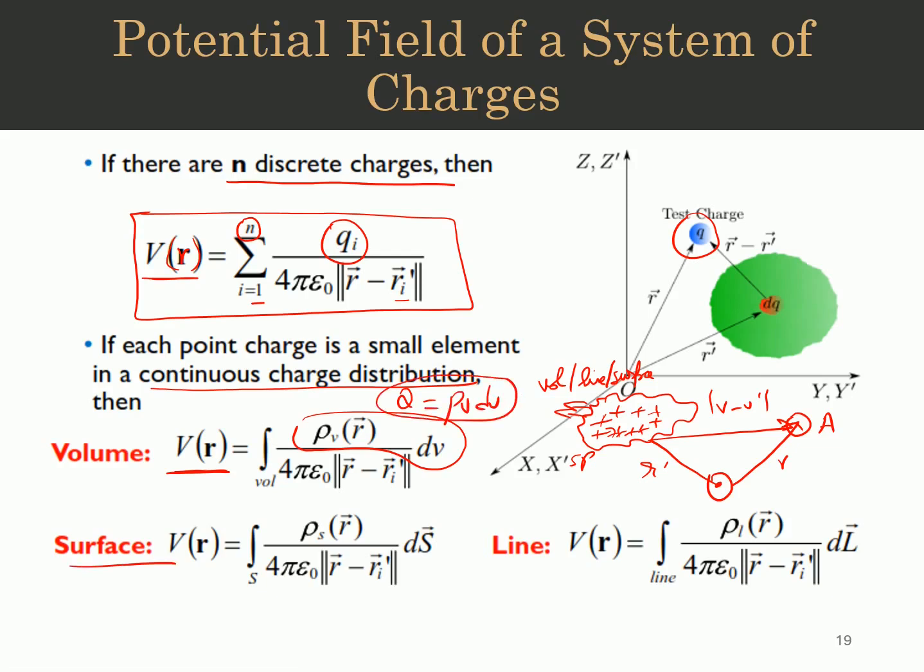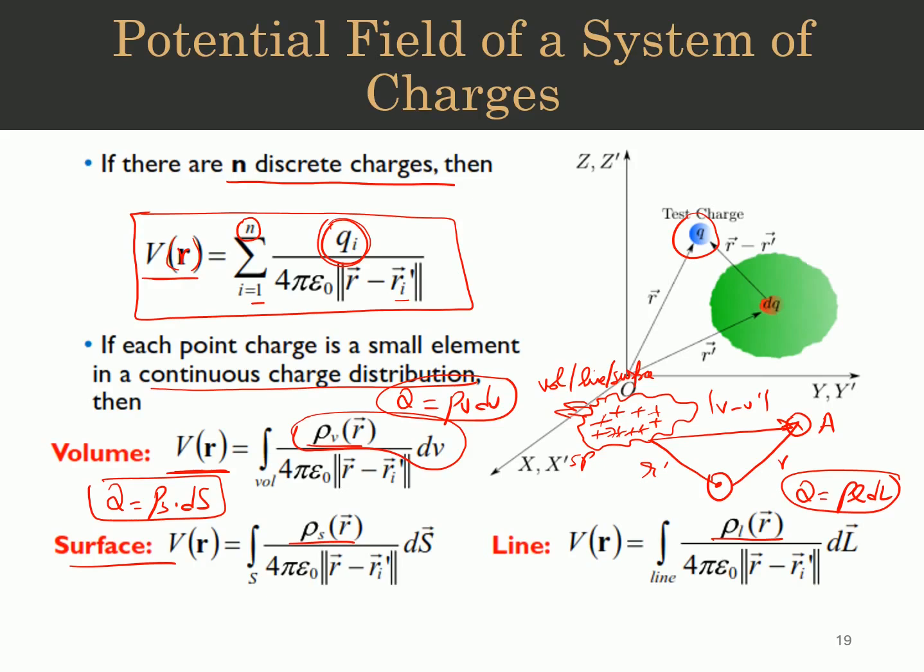Similarly, for surface charge, the charge is basically the product of the surface charge density and a small area. Similarly, for line charge, the charge is the line charge density times a small length. So we have replaced this q with their respective volume, surface and line charge values, or the per unit values.